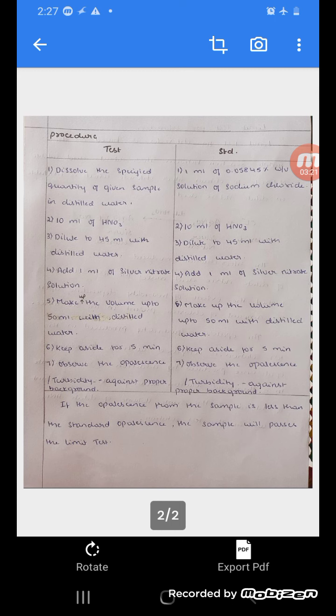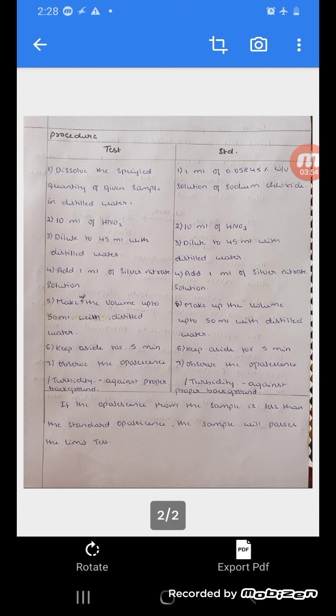To both the Nessler cylinders, now add 10 ml of HNO3. Then make up the volume up to 45 ml with distilled water. Finally, we have to add 1 ml of silver nitrate to both the Nessler cylinders. Then make up the volume up to the mark with the distilled water.